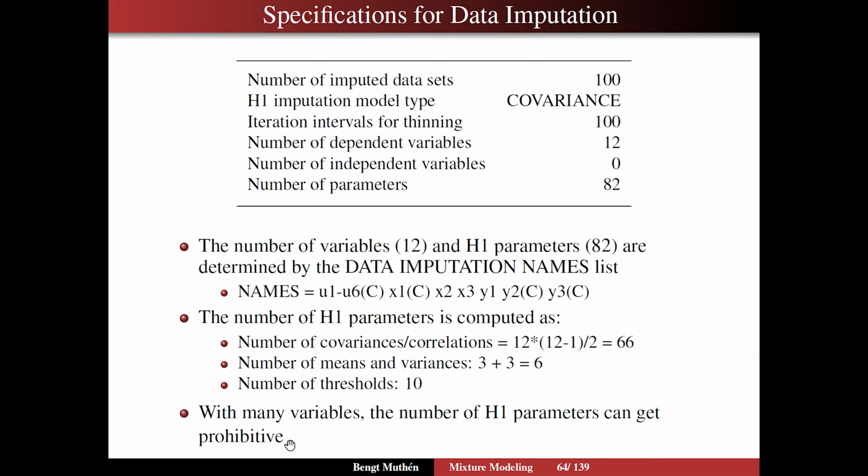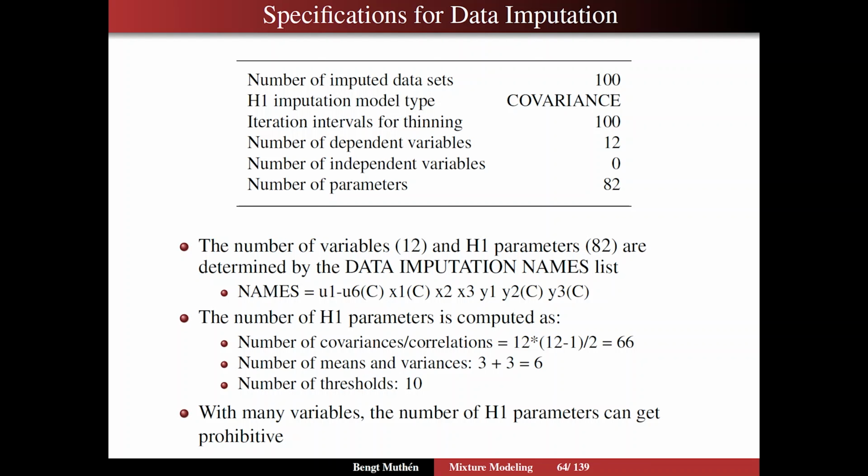So what's happening here is that we estimate this H1 model using Bayesian analysis. So in Bayesian analysis, the unknowns are not only the number of parameters, 82 in this case, but also the missing data. So we calculate missing data values in the Bayesian iterations. So as a side product of that Bayesian step, we get not only the H1 parameters, but all of the missing data as well.